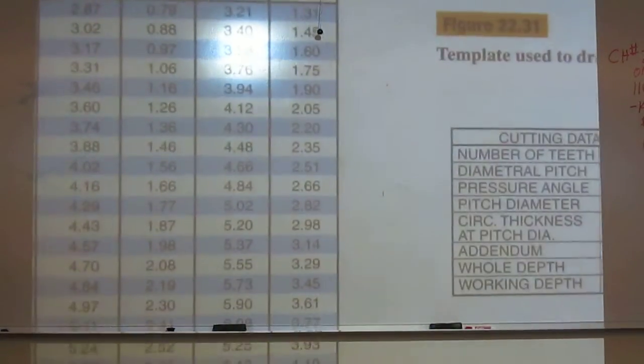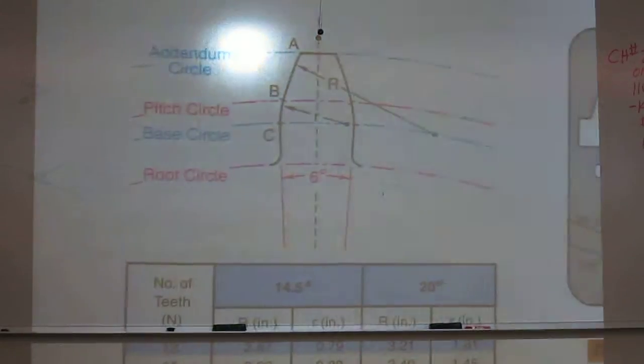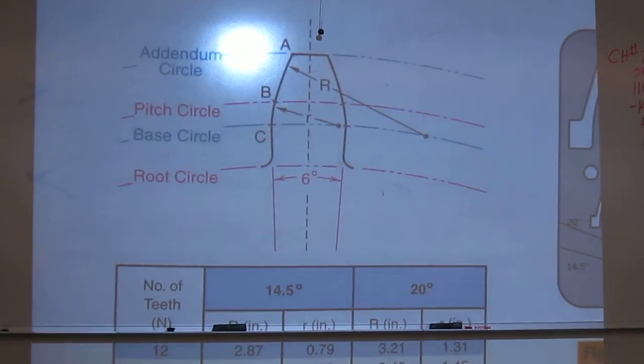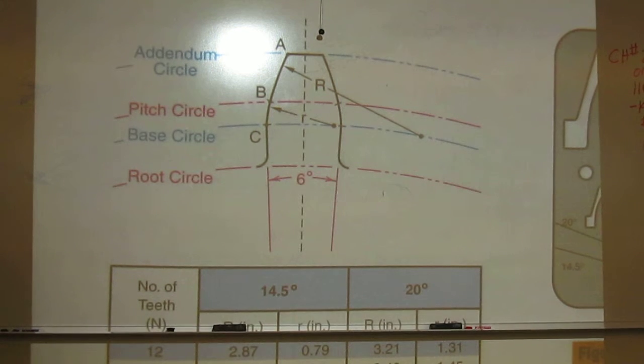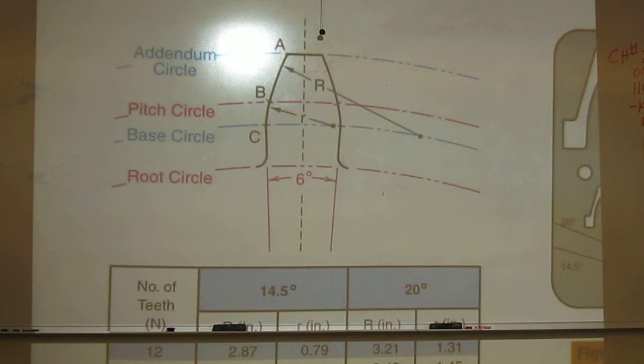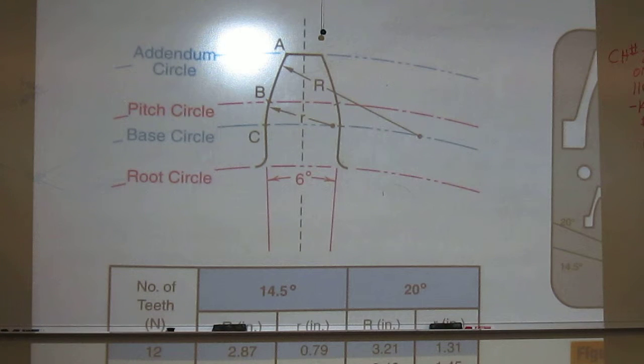If you turn to figure 2230, here you see how the tooth profile is generated using the base circle. And we basically use a chart based on the pressure angle of our tooth. So we've got 14.5 and 20 for this Acme thread.